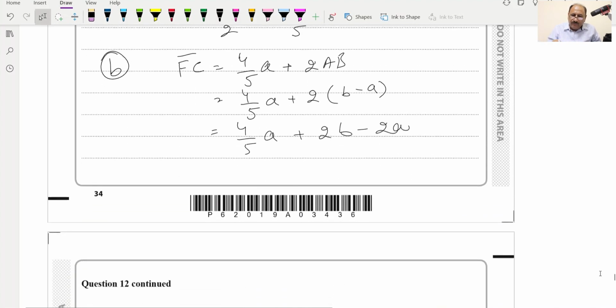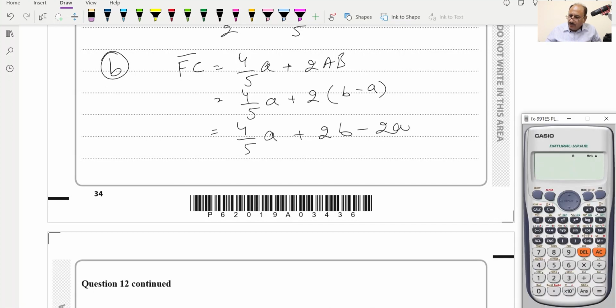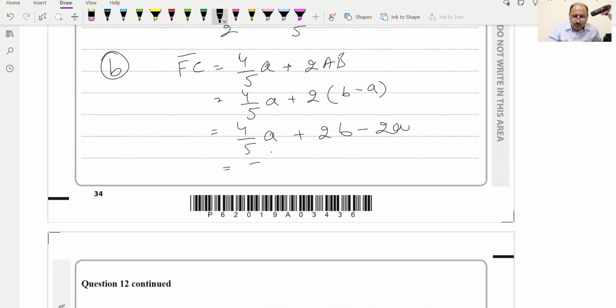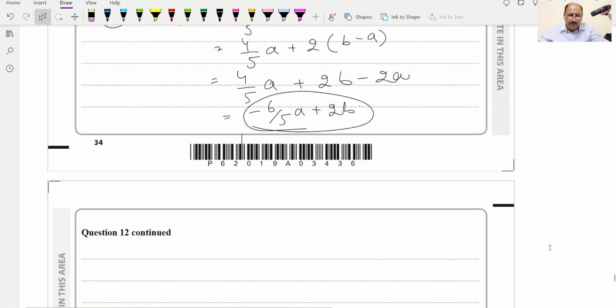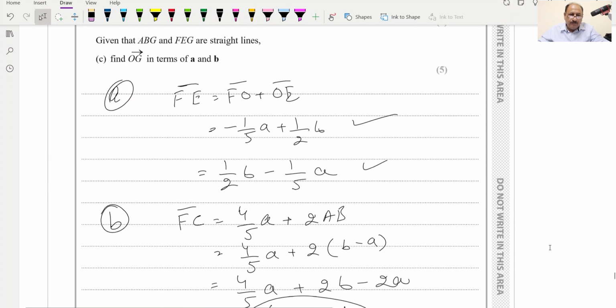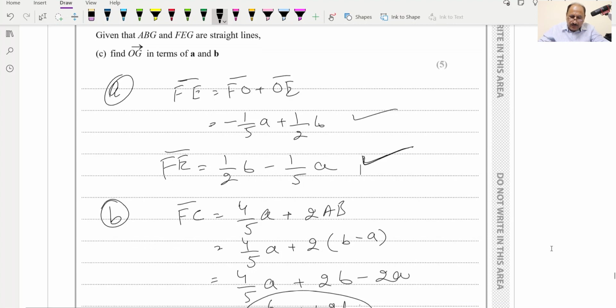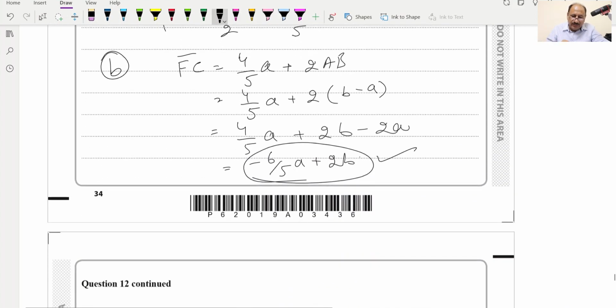We can add the like terms, and 4 over 5 minus 2 results in minus 6 over 5. So this will be equal to minus 6 over 5a plus 2b, and this one is not a multiple of FE. So this one and this one are not multiples of each other.